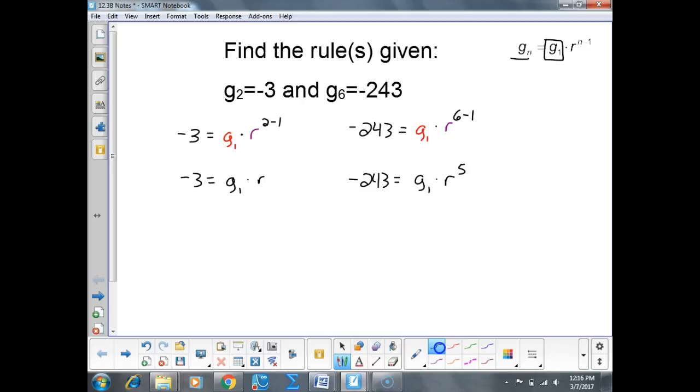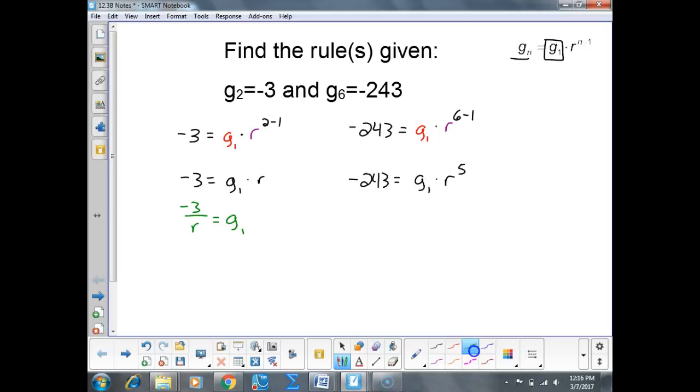Okay? So I take the R that's got the least, or the smallest exponent on it. In this case, it's the left one. And I solve this for G sub 1. So I divide both sides by R.